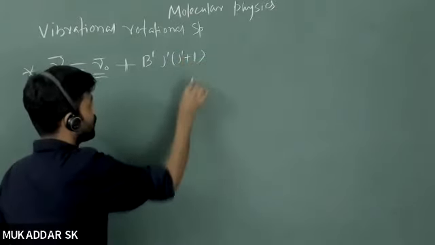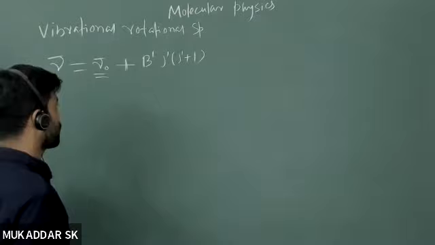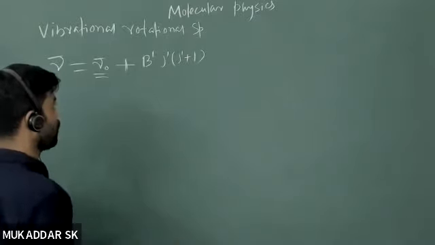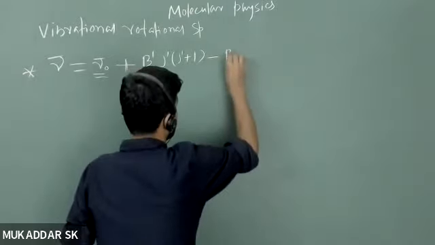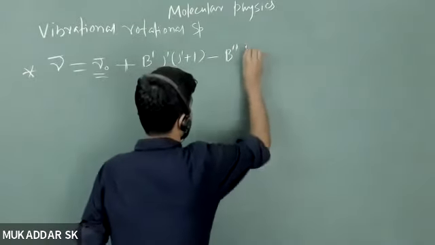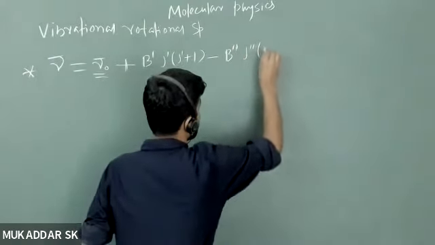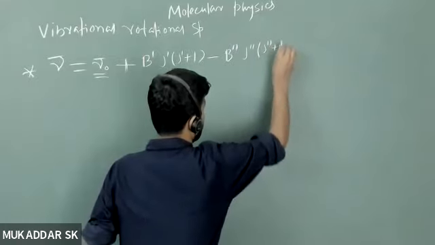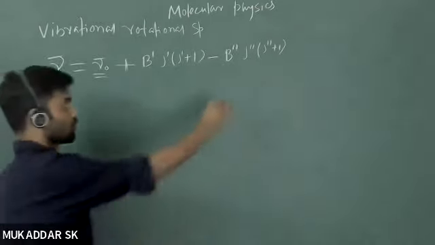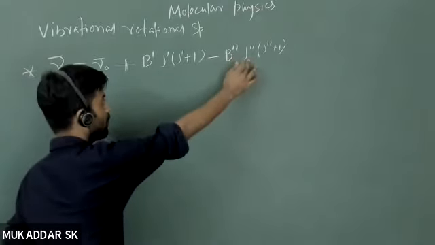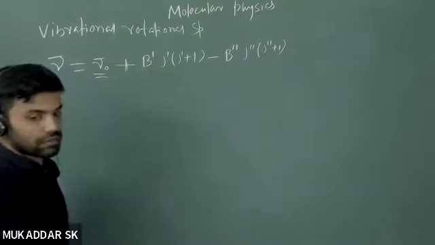So these are actually for the upper level, right? I mean, the rotational level corresponding to V equals 1. Then you will have B double dash J double dash, J double dash plus 1. Okay, that is the rotational quantum number corresponding to V equals 0 level.